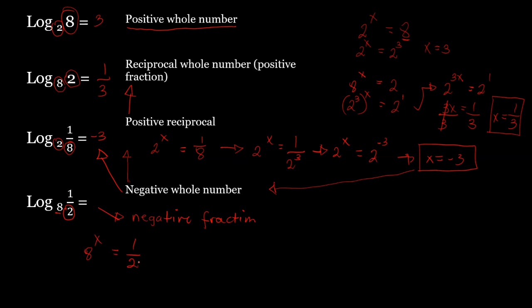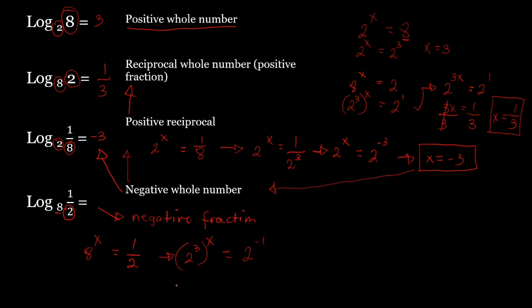What we are going to do here is get the exponential form of 8, which is 2 cubed, raised to x is equal to 1/2, or we can take the reciprocal, so it becomes 2 raised to negative 1.